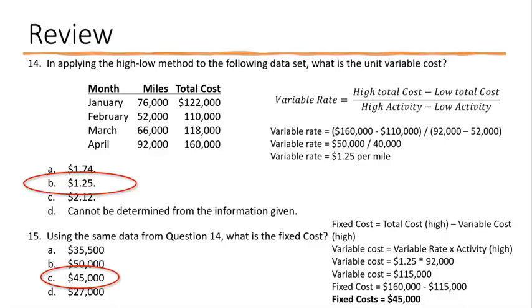You would come up with the same answer of $45,000 for the fixed cost. So pick one when you go to the fixed cost, high or low, it doesn't matter which one, but everything you do on that has got to be at that same month. Whereas in getting the variable rate, you take the difference between the high and low for the cost and the activity and do the division.